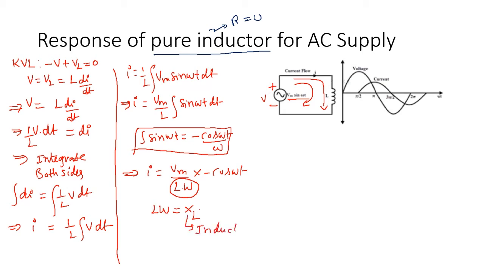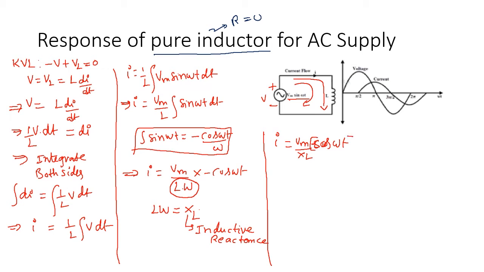This is the inductive reactance, that is XL, right? If we substitute in this equation, I is equal to Vm by XL into cos omega t. Of course there is a minus here.